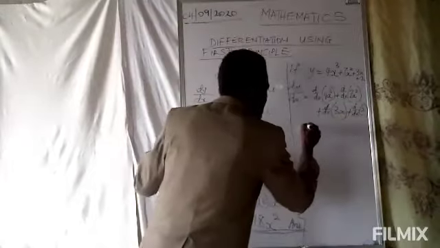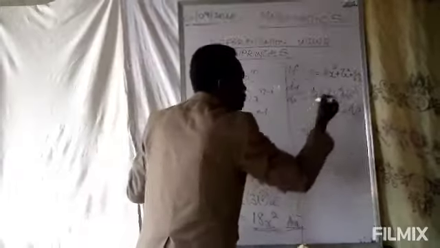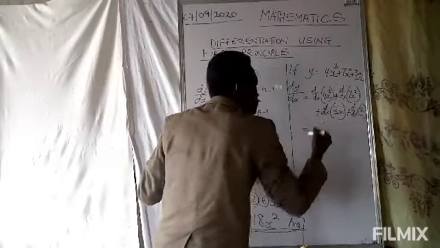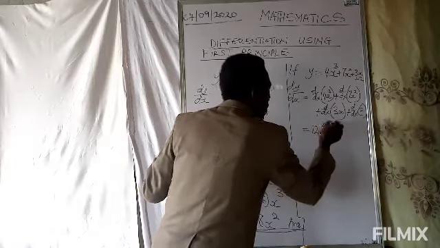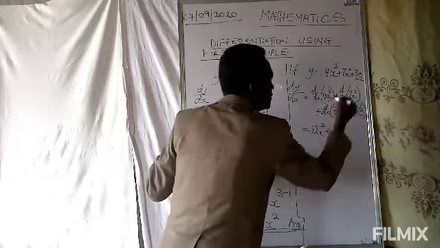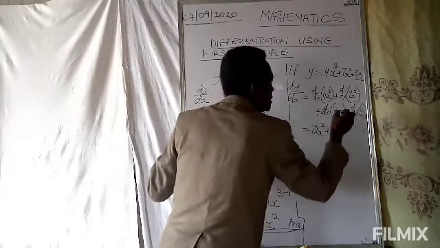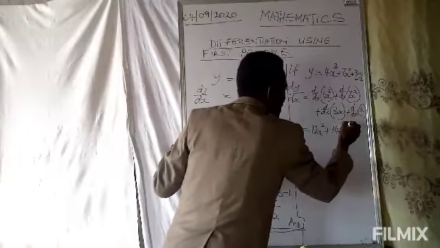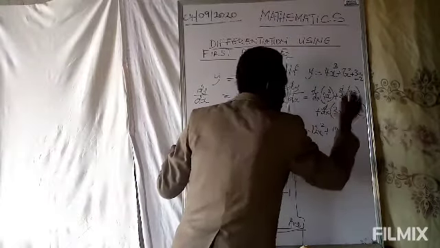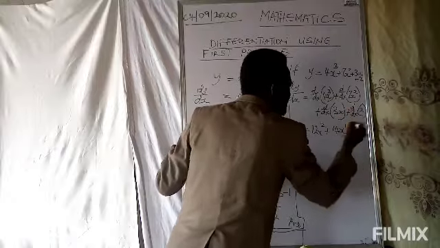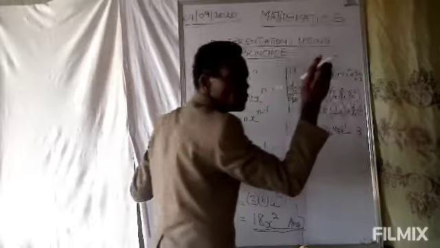Okay, so this now becomes, so now do this step. 3 times 4, 12, that is 12x squared plus 2 times 7, that is 14x. Then 2 minus 1, that's 1. Then plus the derivative of 3x is 3. Now the derivative of a constant is 0.